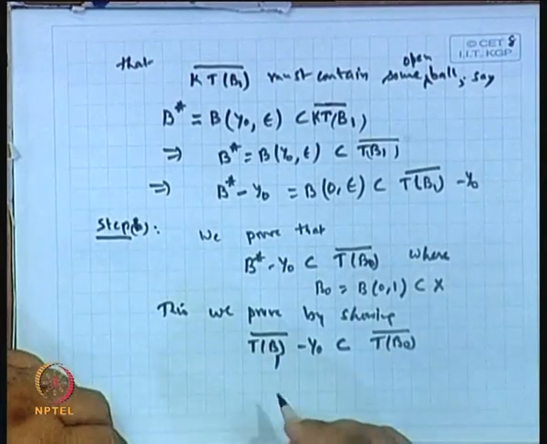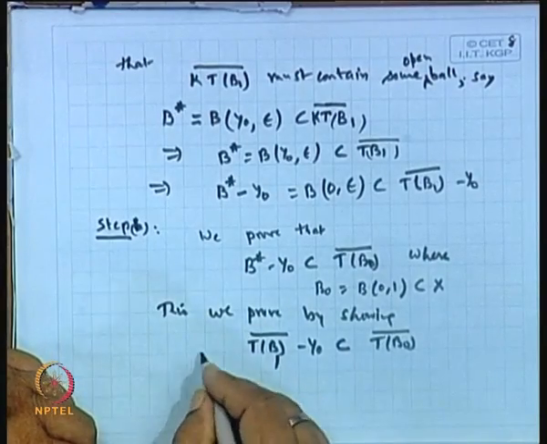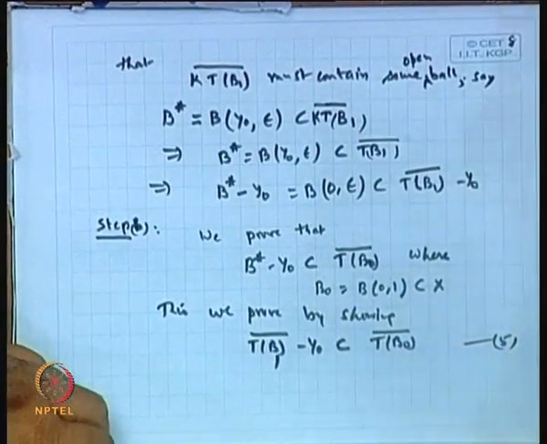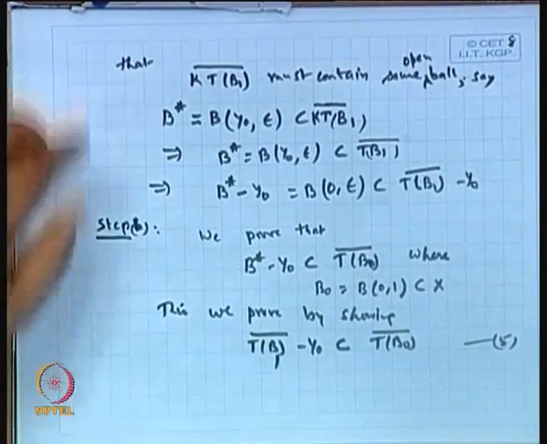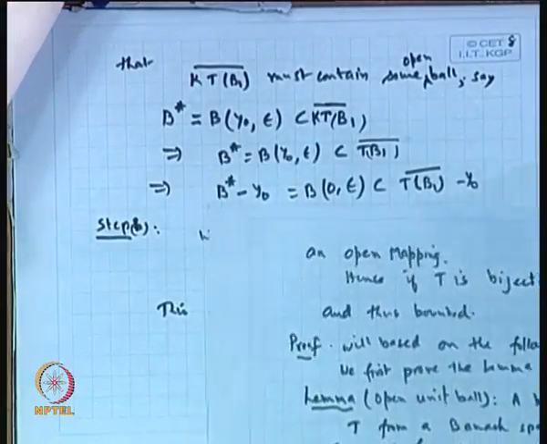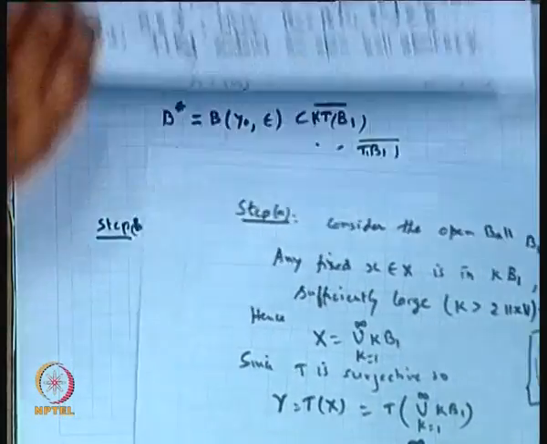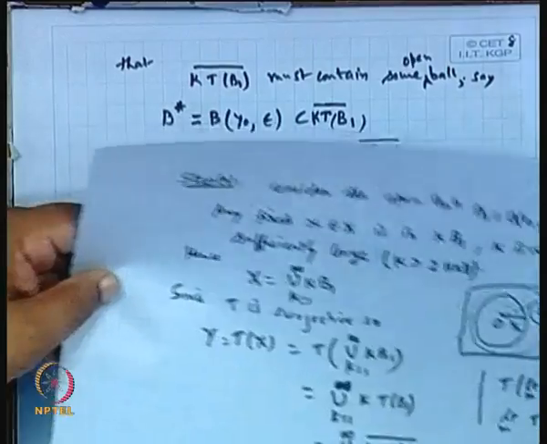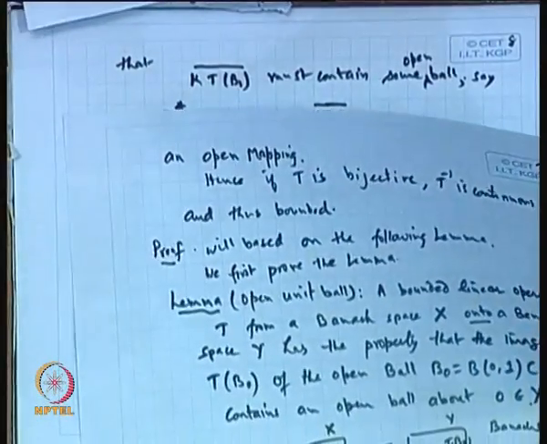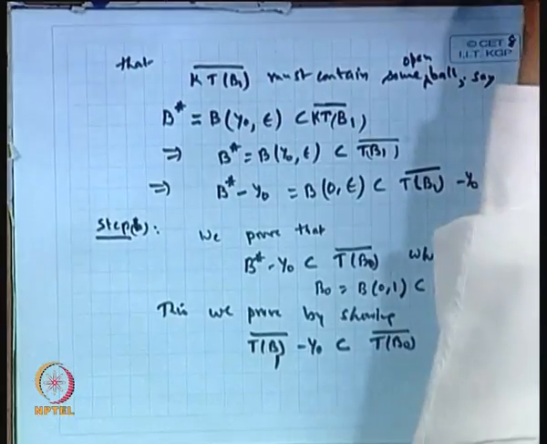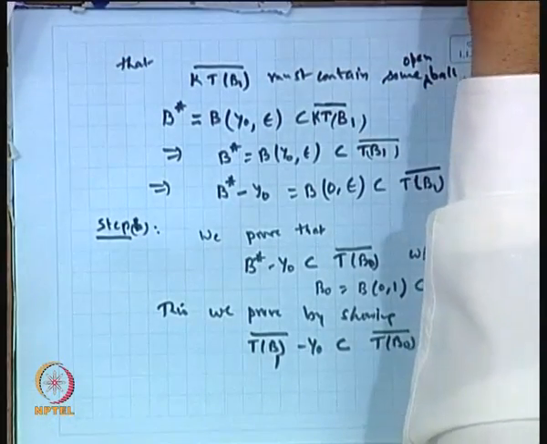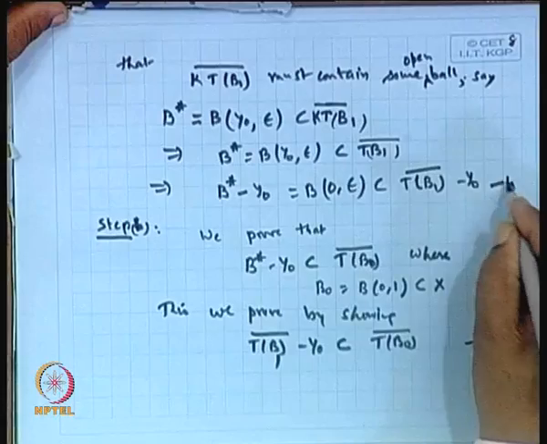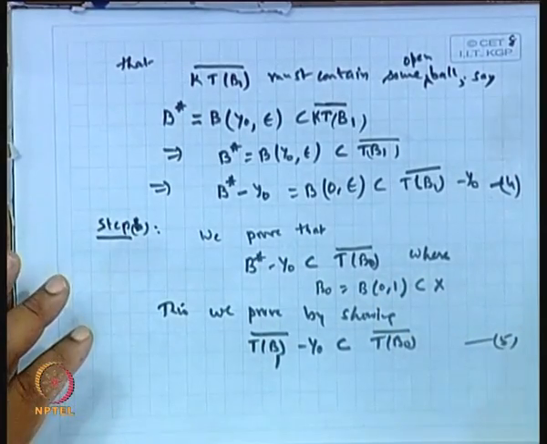Let us put the number 5 on it, and the other numbers are 4, 3. We will again have to go through them, because it will be required.